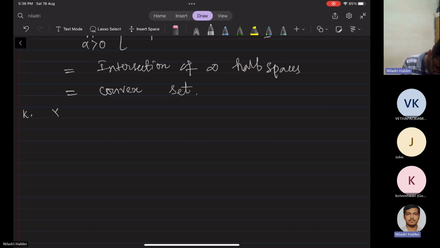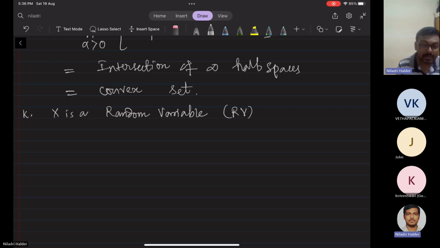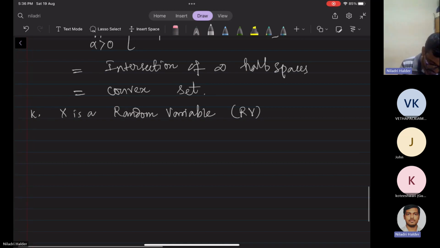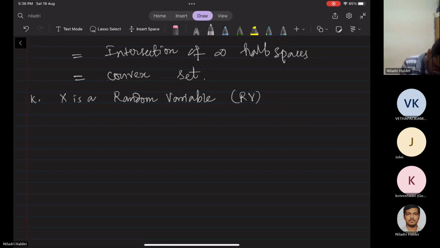Suppose there is a random variable x, and it has a probability mass function. So suppose x takes the values a1 to an.